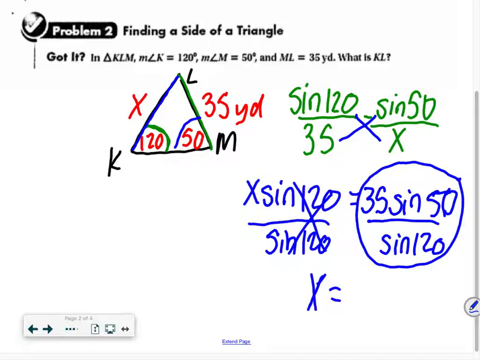What did we get? I got 0.2. No. 30.959. So if I round to the nearest yard, what do I get? 31. And I label yards.